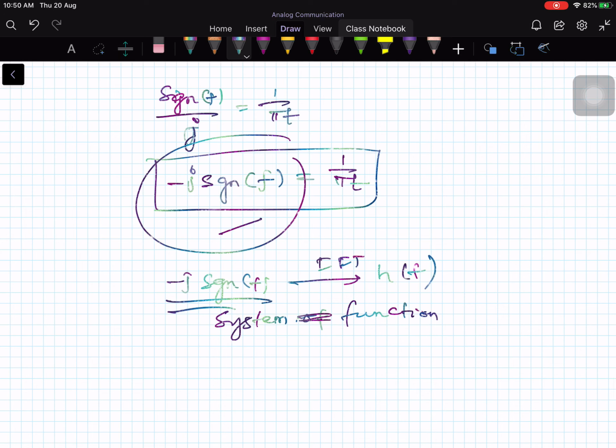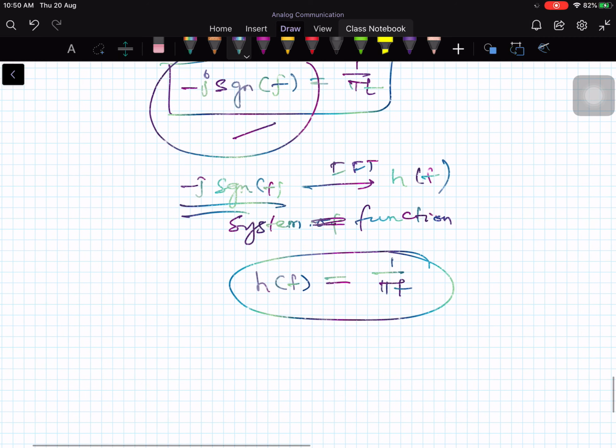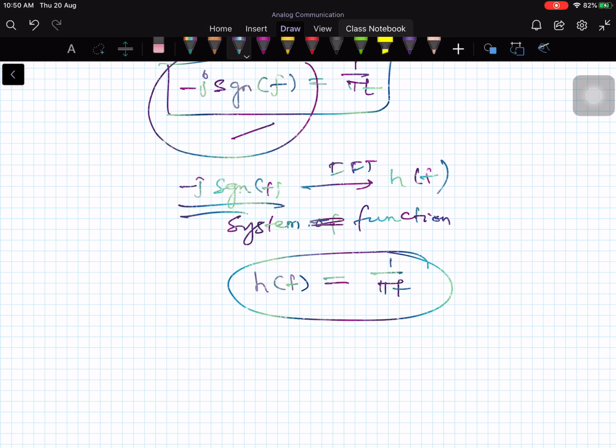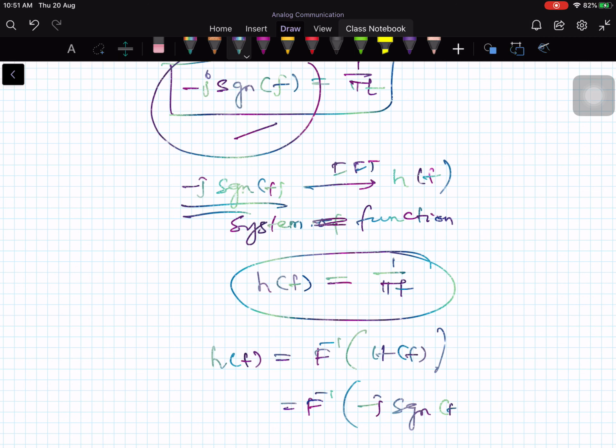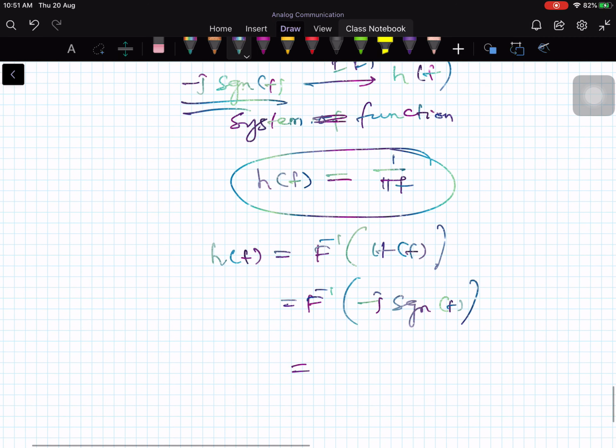Therefore, in the time domain, h of t is equal to 1 by pi t for the Hilbert transform filter. Therefore, h of t is equal to the inverse Fourier transform of h of f, and that is the inverse Fourier transform of minus j times signum of f, and this you can prove using your Fourier transform properties.